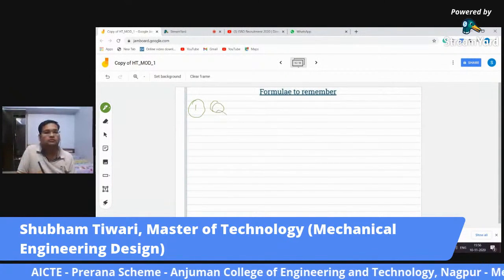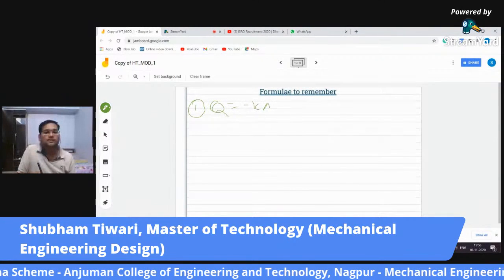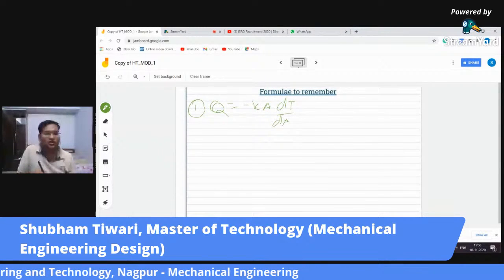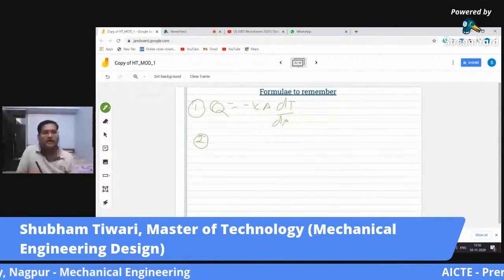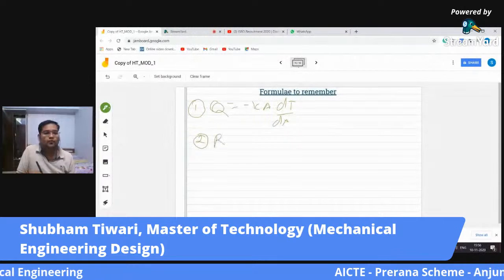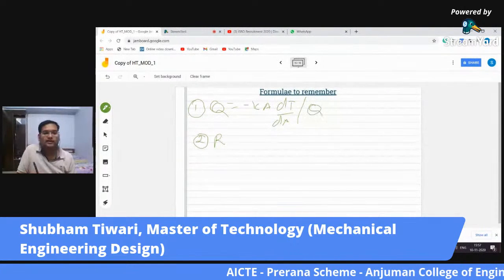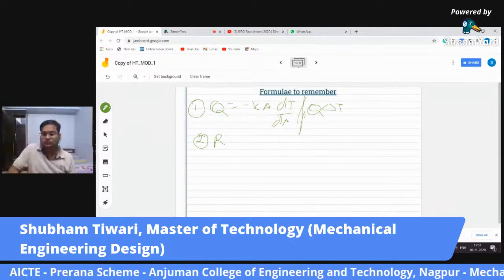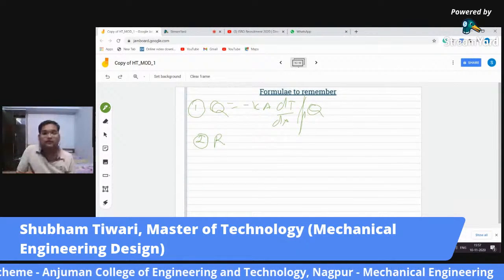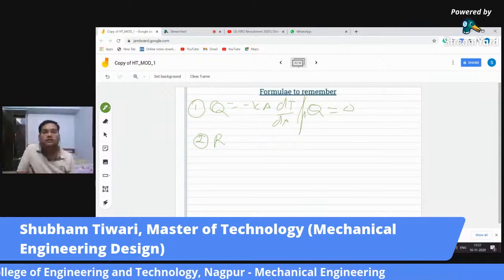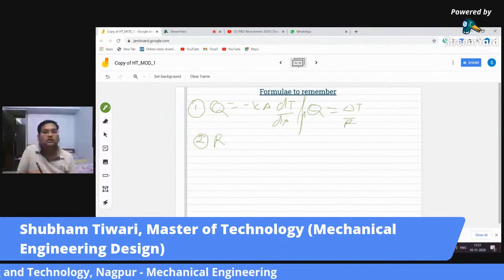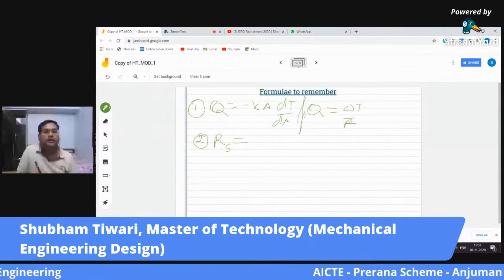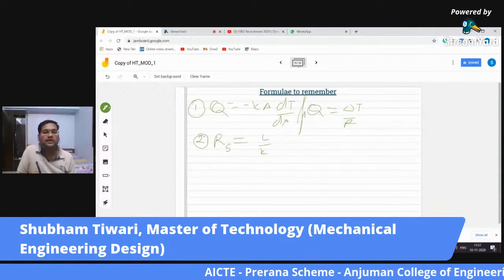Number 1: minus K dT by dx. This is Fourier's law, followed by our master formula. So R for a slab will be L upon KA.